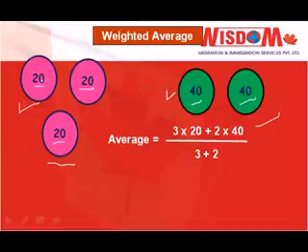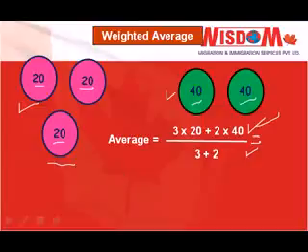So as we can see here, every boy has 20 kg of weight. That means 3 boys in total would have 20 times 3 of weight, and the 2 girls would have 80 kilograms of weight. Adding the total sum, dividing it by the total number of members, we get our average. As we have discussed earlier, average is the sum of items divided by the total number of items.